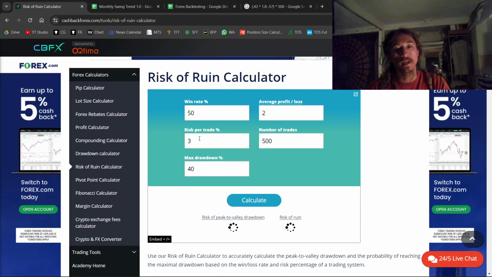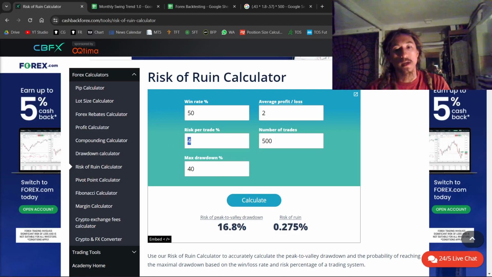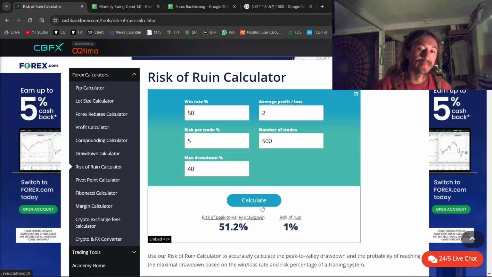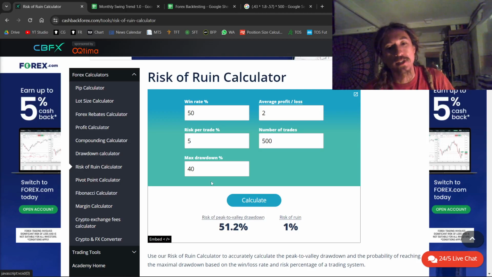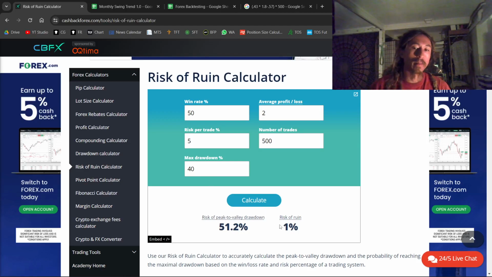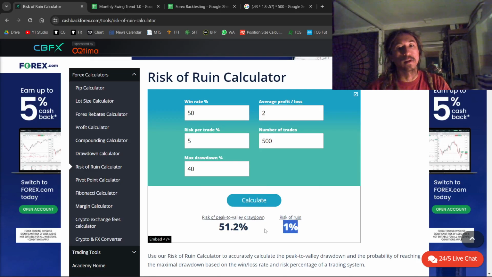I risk 3%, it's not going to happen. I risk 4%, it's not going to happen. I can risk 5%, and there's a 1% chance that I have a 40% drawdown, 1 out of 100 times. But even if I draw down 40% from the initial balance, the game's not over. I just recover from that.